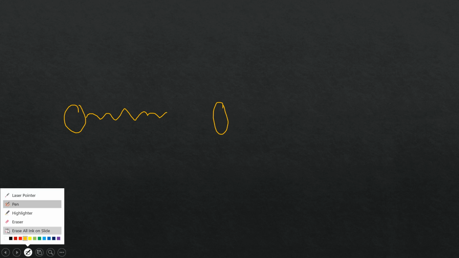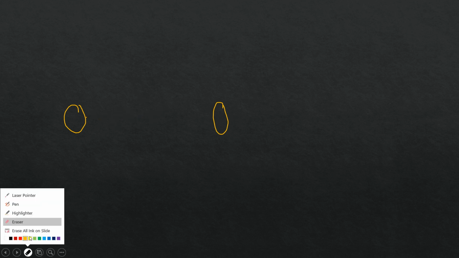Weak nuclear force will be mediated by something called W boson. Okay, so we give it dotted lines.